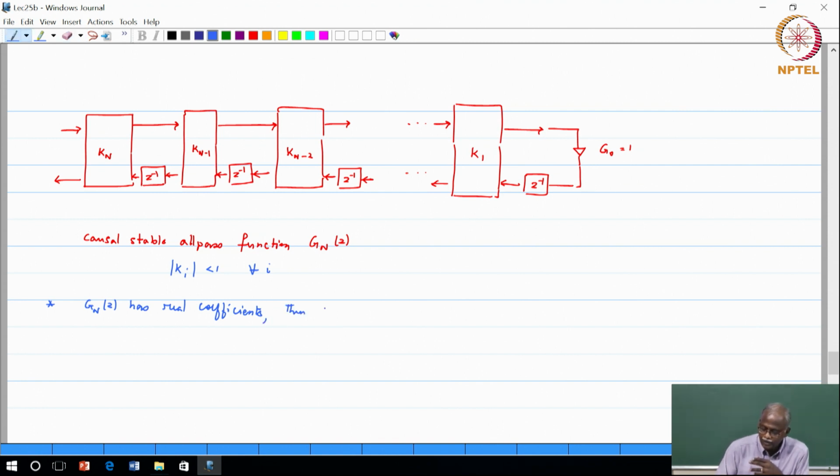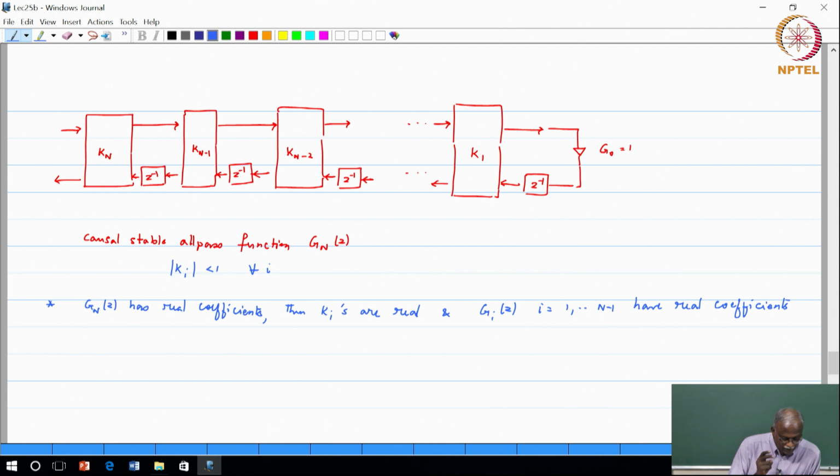Then ki's are real, and the lower order polynomials gi of z, i equal to 1 through n minus 1, also have real coefficients. So, actually you can come up with a lattice that has basically real coefficients everywhere.